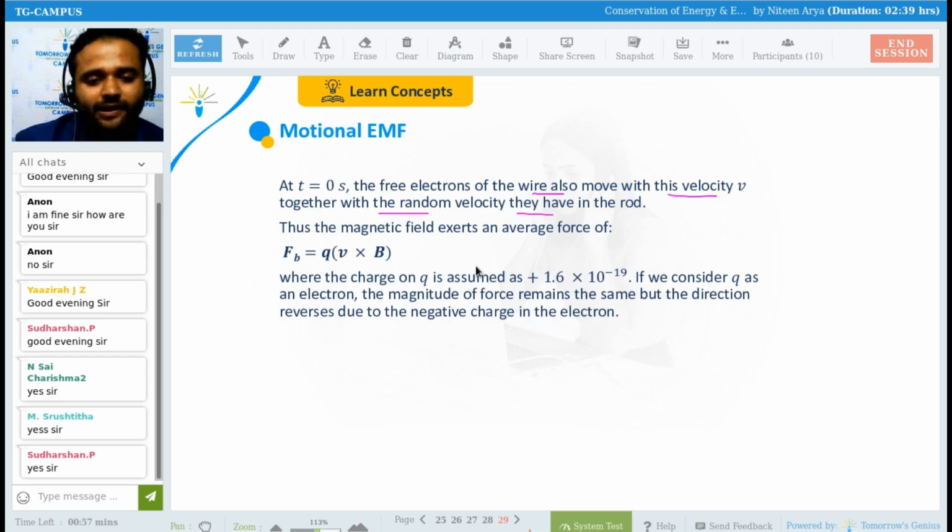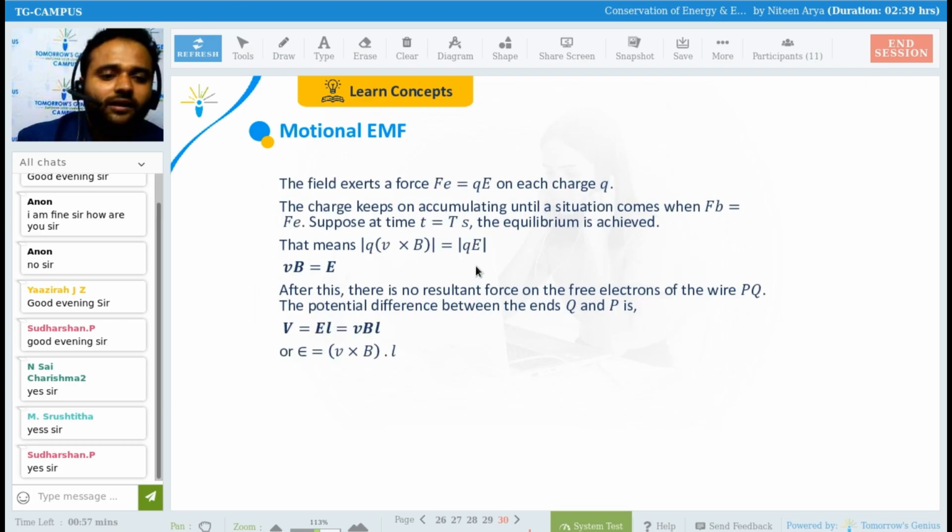Thus the magnetic field exerts an average force Fb, which is q v cross B, where the charge q is 1.6 into 10 to the power minus 19 coulomb if we consider an electron. The magnitude of force remains the same, but the direction reverses due to the negative charge of the electron. Now this field exerts the electrostatic force also, qE. The charge keeps accumulating.